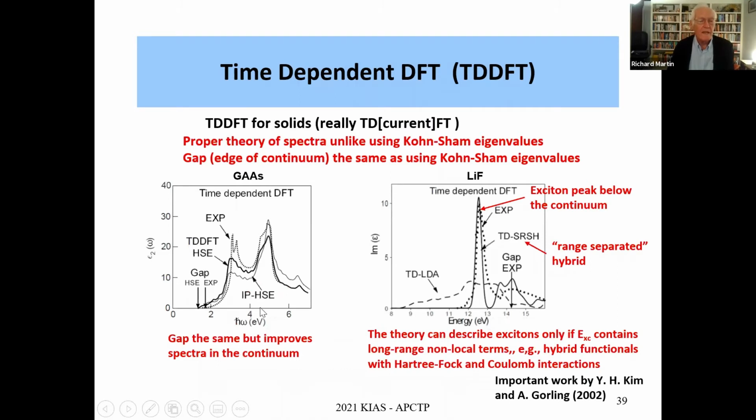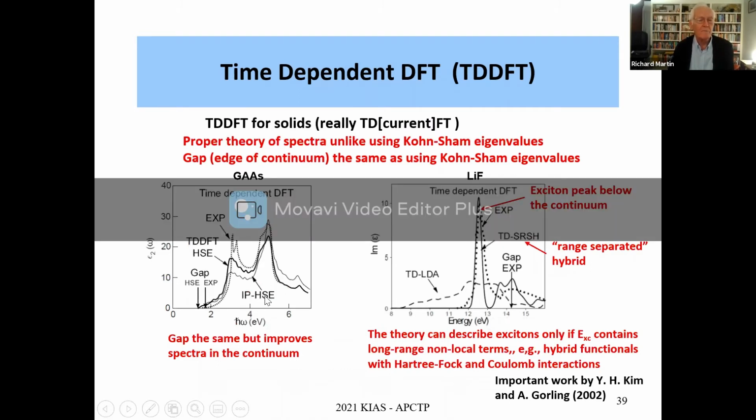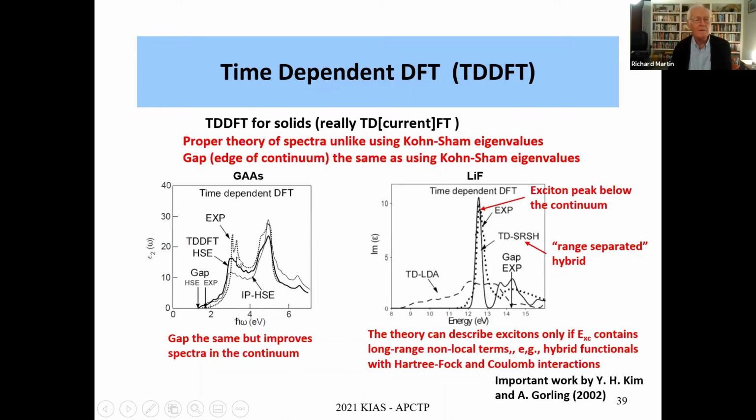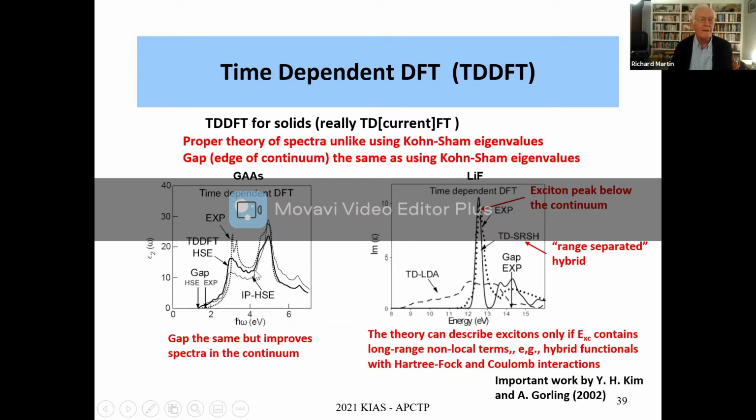This is the same functional that I mentioned before that gave the great improvements in the band structure of germanium. Using it in the time-dependent theory doesn't change the gap one bit, but it changes the weight in the continuum, and it brings it to more like the experiment.